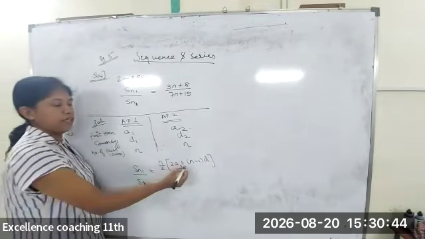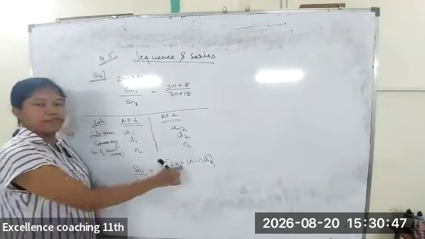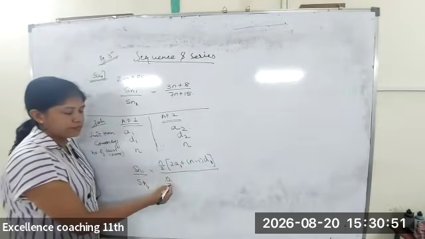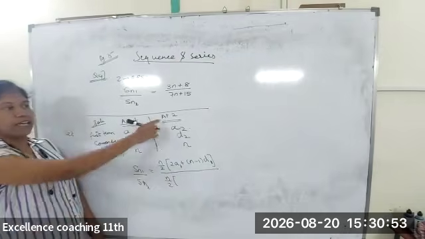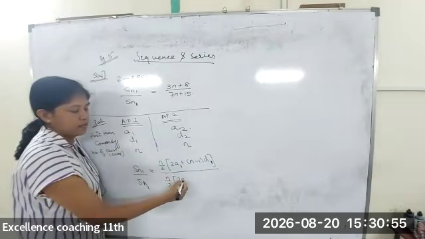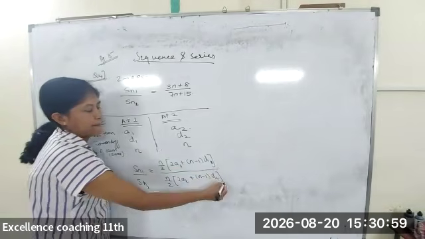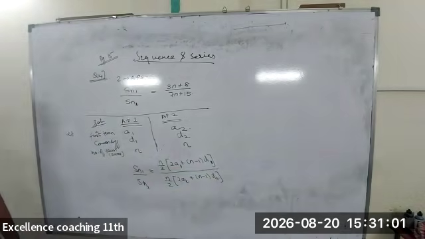But here we'll have to put A1 and D1 because this is for the first sum. Write the same formula in the denominator. This is for the second AP, and put A2 over there. Write this detail.